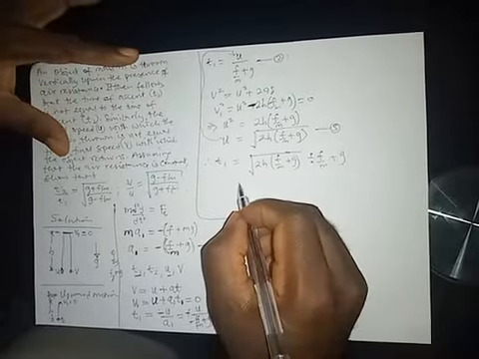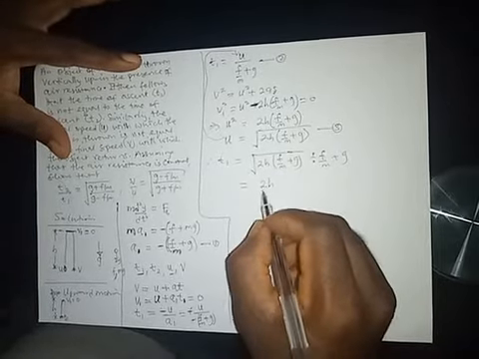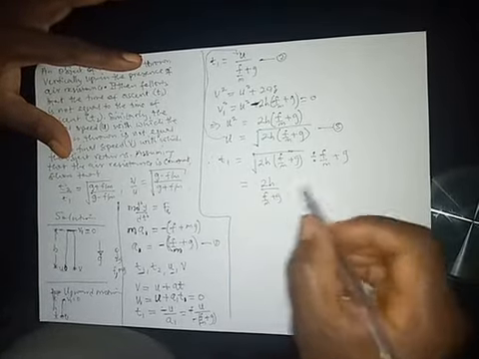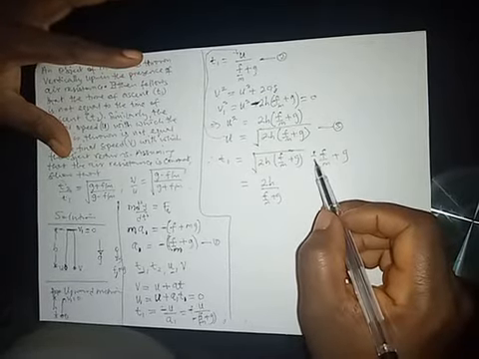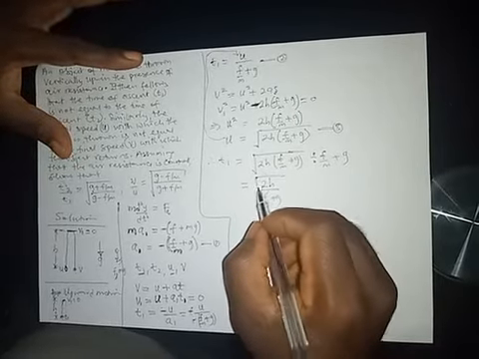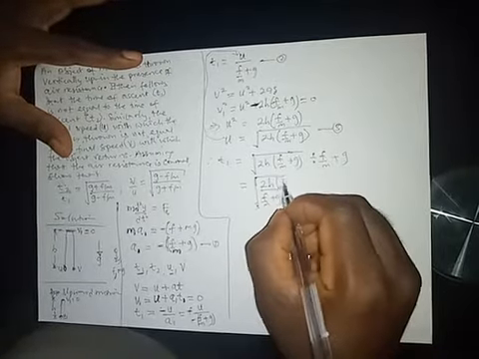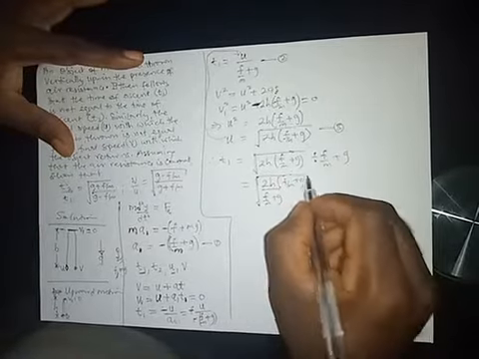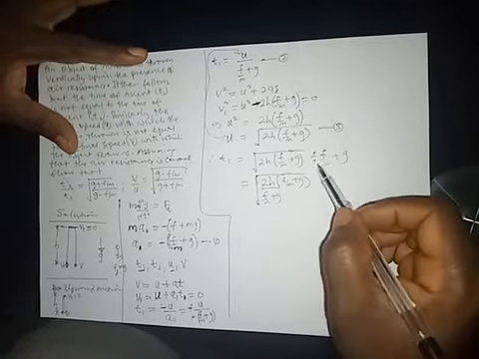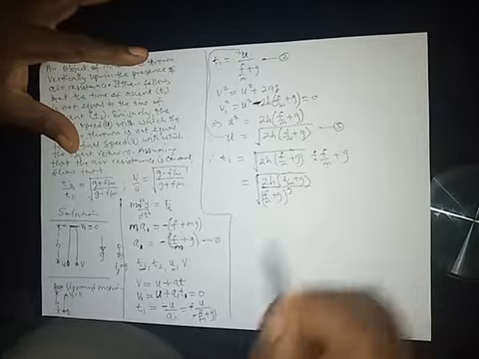Okay, so we can resolve this one. Then this will be 1 over this, but it comes into the square root, and then it gives us a square.